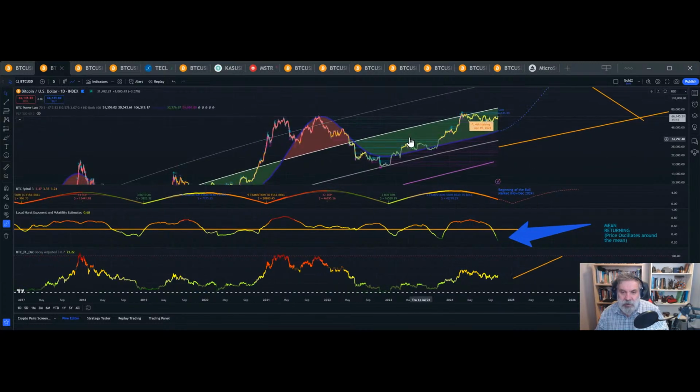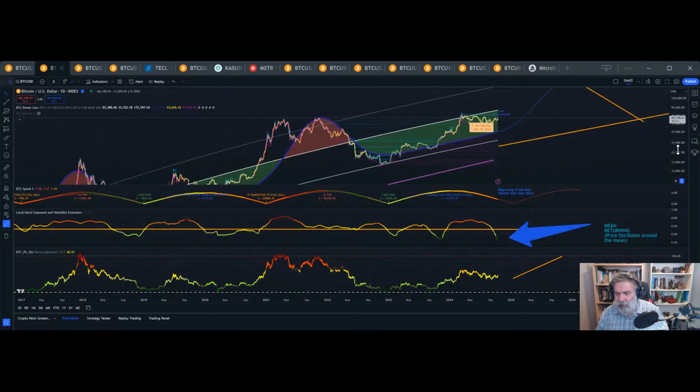Also, what this does is color code these areas where we should be, in theory, below the power law and where we should be above. It's interesting because you can identify the bottoms and the tops in this way.